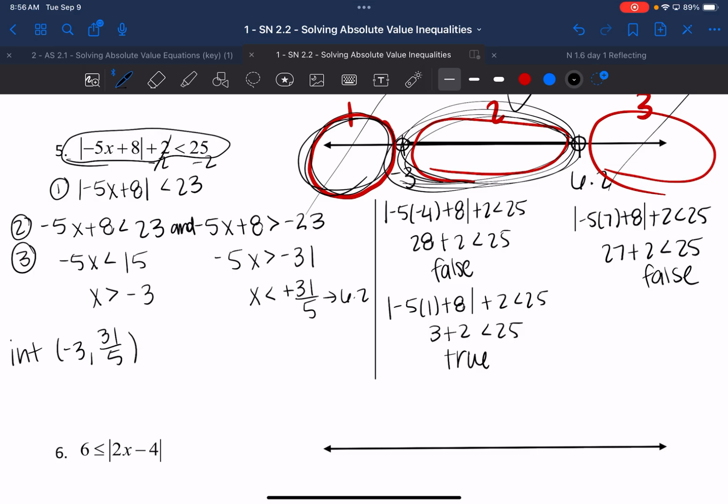And we will use parentheses, right? Okay. And then for our set notation, we'll have x. Very good.